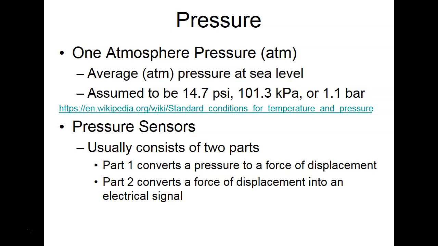So pascals is a very small unit. Or we can also represent that in torrs. Bars is used a lot because it's a little better unit. So 1.1 bar would be the same as 101.3 kilopascals, which would be the same as 14.7 psi.